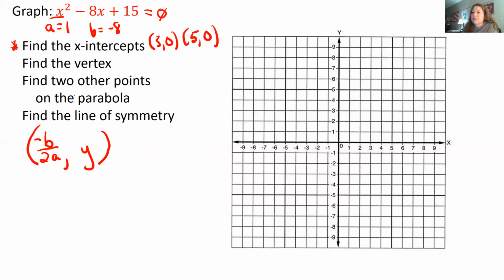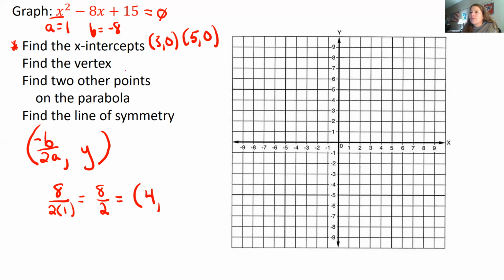Well, you'll see later on in the next unit. So finding the vertex, we're going to do the opposite of b, the opposite of negative 8, which is positive 8 over 2 times a. So that means the x value of our vertex is 4, which is also our minimum because it's a parabola that opens up.